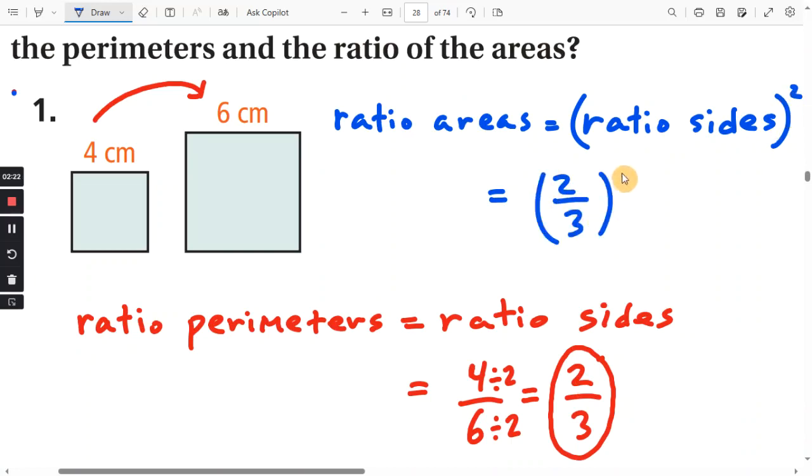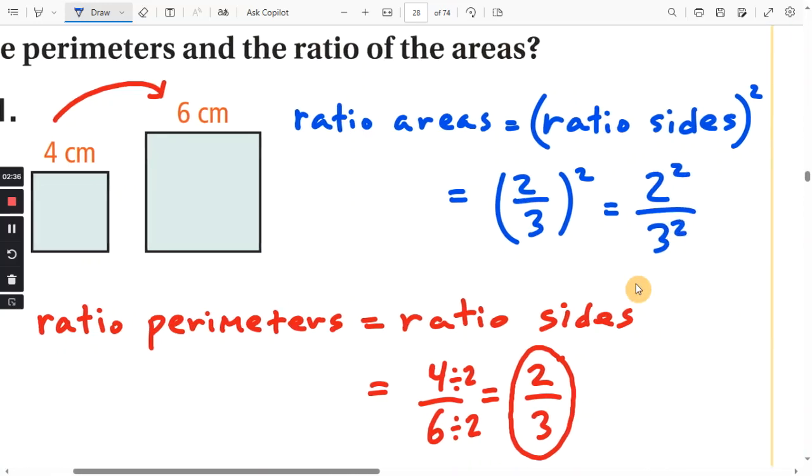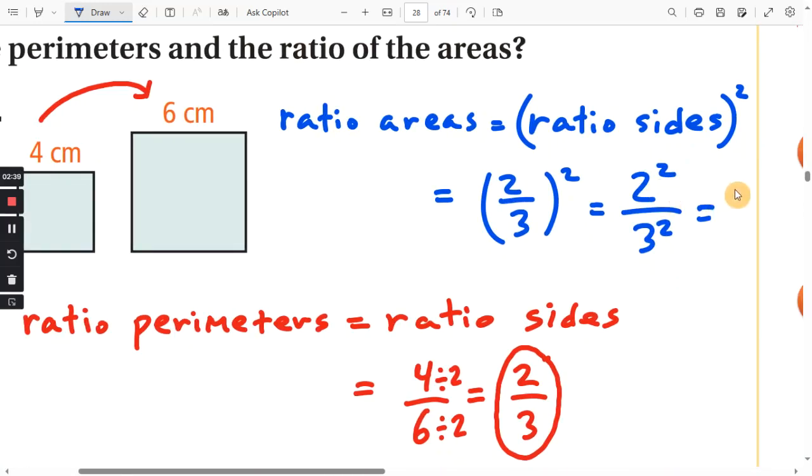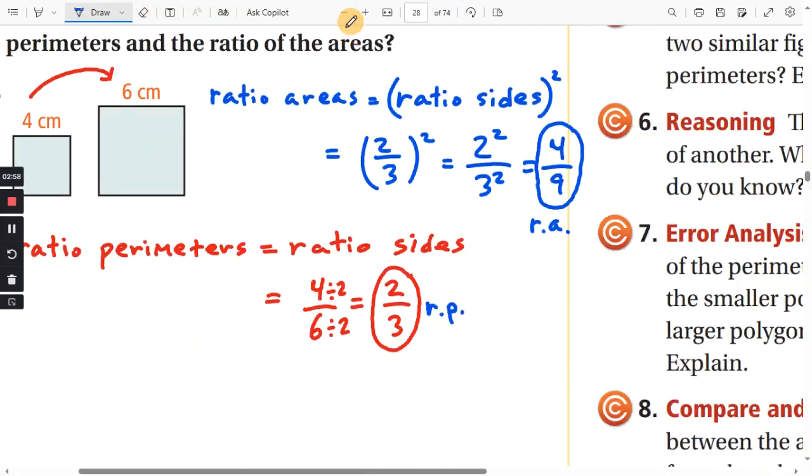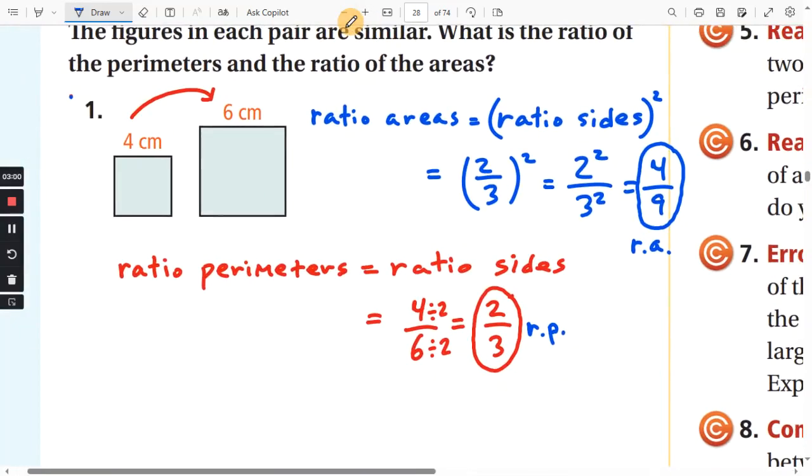When you square a fraction, you square the numerator and denominator separately. So the numerator 2 gets squared, the denominator 3 gets squared. 2 squared is just 4, and 3 squared is just 9. So the 2/3 was the ratio for the perimeters, and the 4/9 is the ratio for the areas. So that is it for problem number 1.